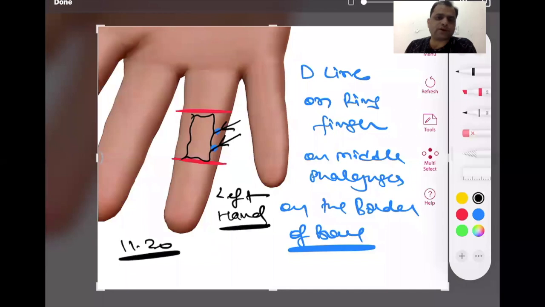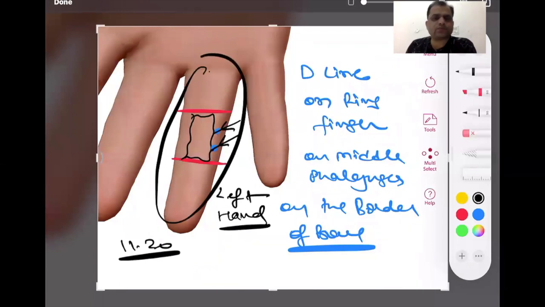In master Tung acupuncture, there are many points in the ring finger that belong to the liver and gallbladder. As per master Tung, the ring finger is very good for the liver.